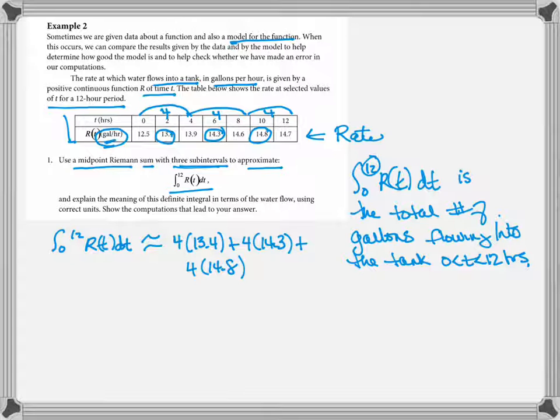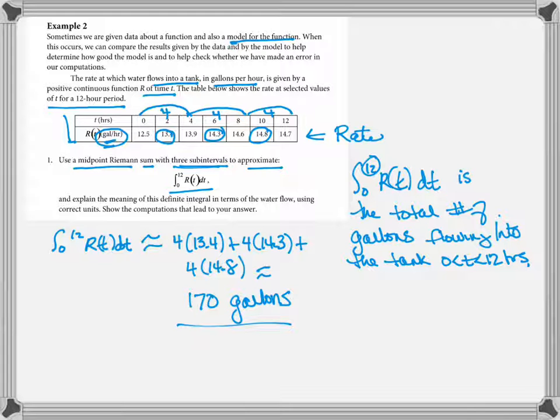All right, and if you add those numbers and multiply that out, you get approximately 170 gallons. Okay, so that's example 2, part 1.